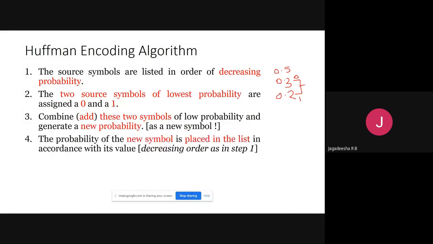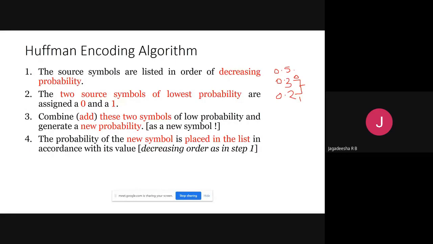Next, fourth step, the probability of the new symbol is placed in the list, decreasing order, as in step 1. What's the meaning here? It means the new symbol I have generated here, 0.5, I should arrange it along with the other symbols or probabilities in the same decreasing order.